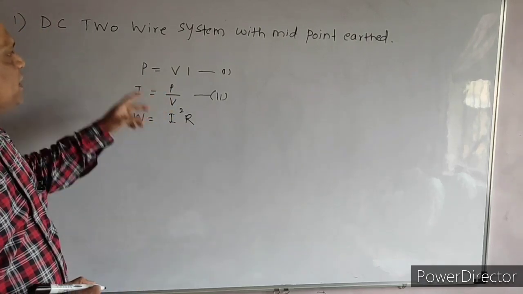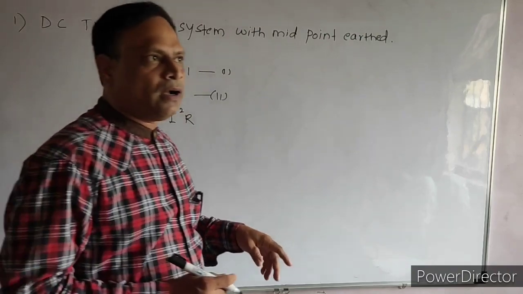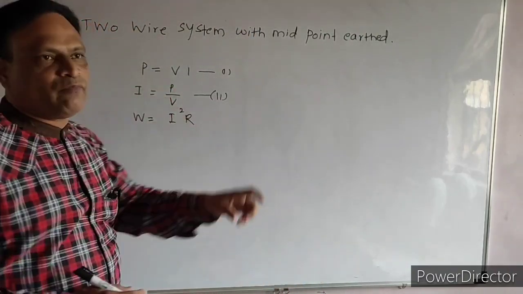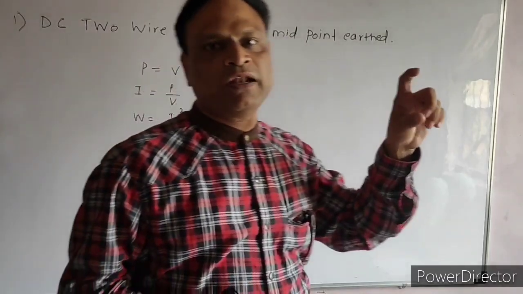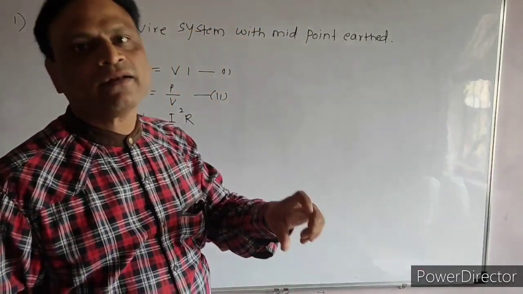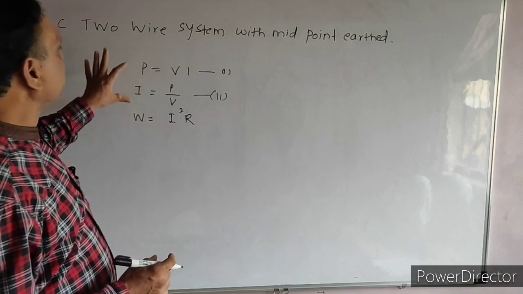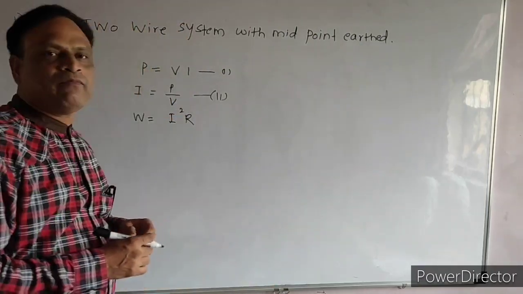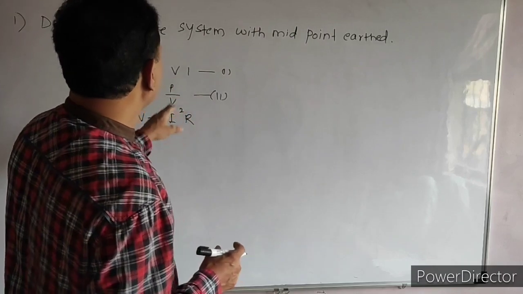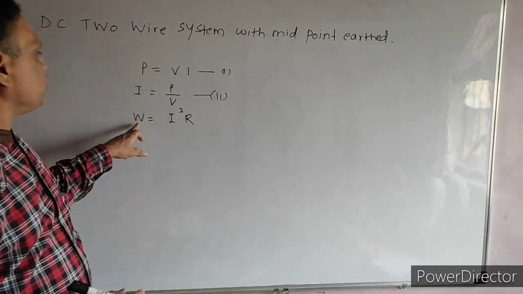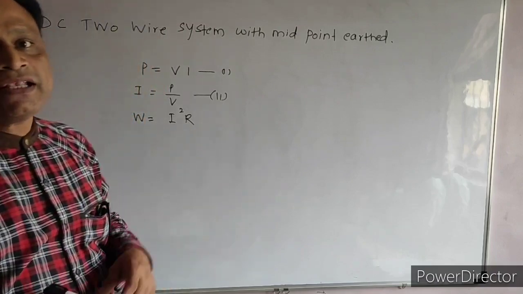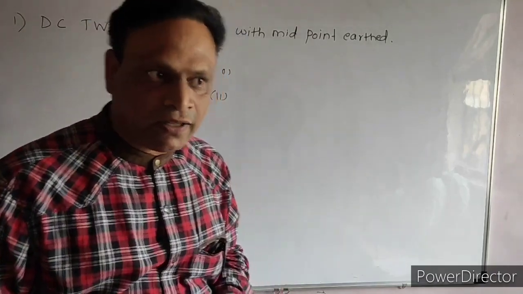So depending on the system, if it is two wire system with midpoint earth, then between one wire and earth there will be Vm voltage, and in another conductor and earth there will be again Vm voltage. So this voltage will come at that time will be 2 Vm. So accordingly you can jot down. So loss will be W is equal to I square R, but this I square R is for one conductor.